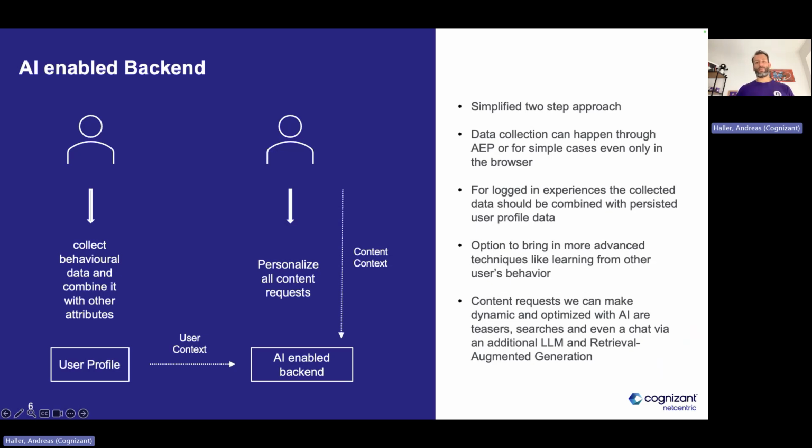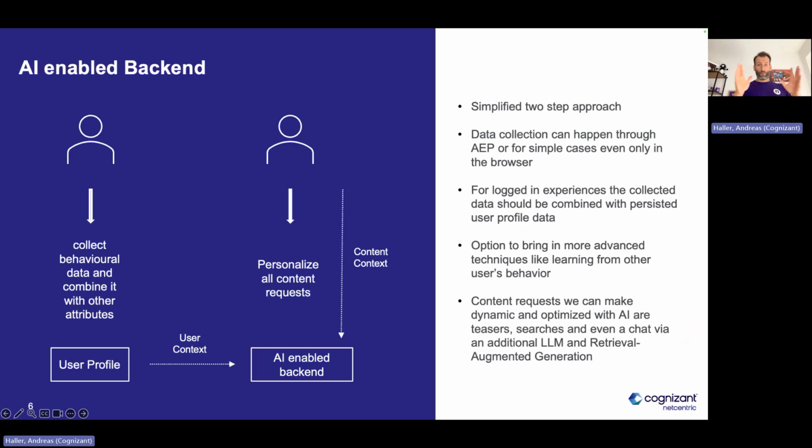Depends on your use cases what makes sense here, but typically those two contexts make sense to interpret. Obviously, this can be with logged-in users, there we have more information, but it can also be with anonymous users, as long as we have the possibility to collect their behavior, their data, what they're interested in.